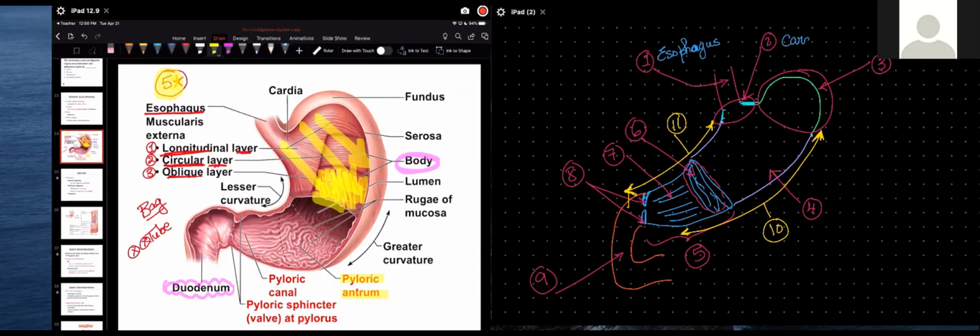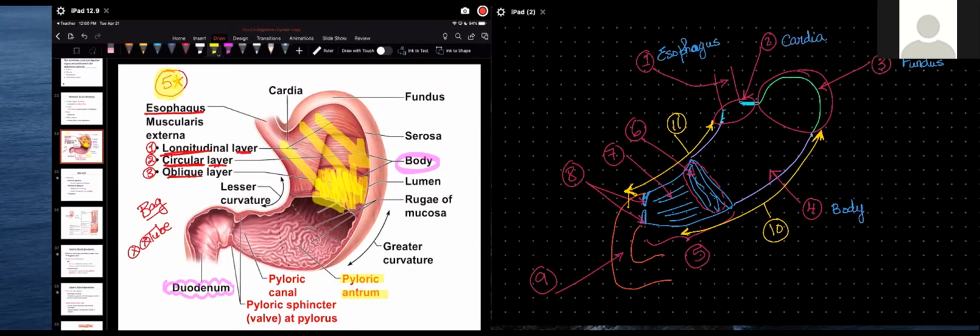This is gonna be the cardia, exactly. And the dome-shaped part of the stomach, this is my fundus, exactly. The main core of the stomach, this is gonna be exactly the body.